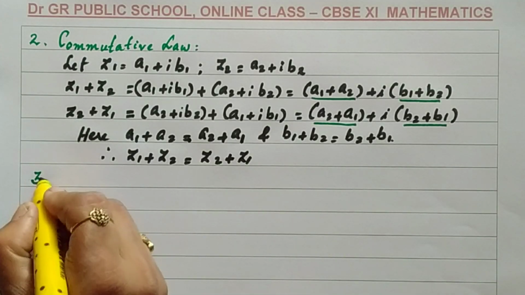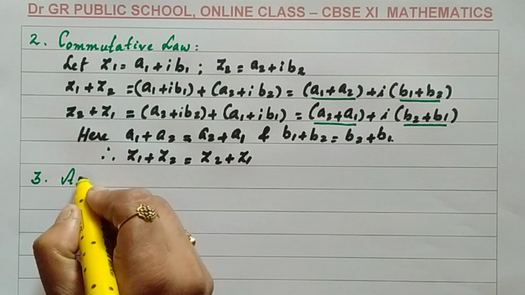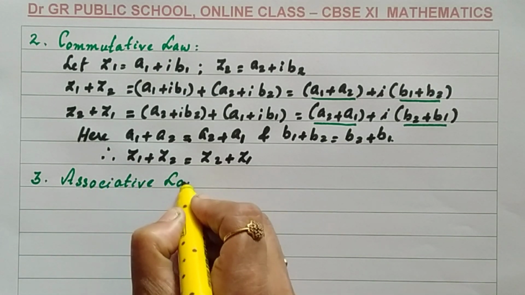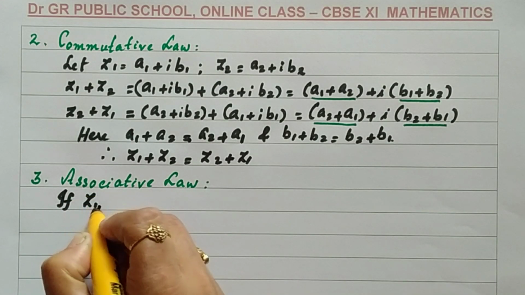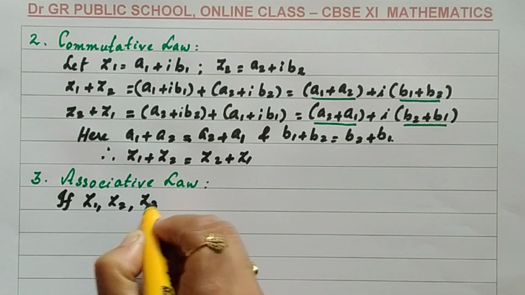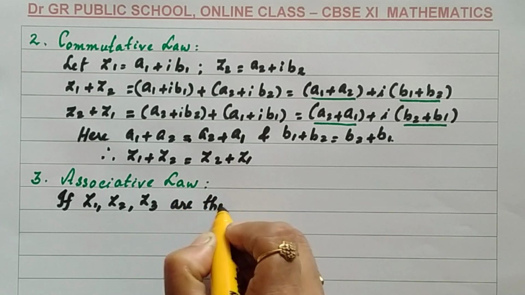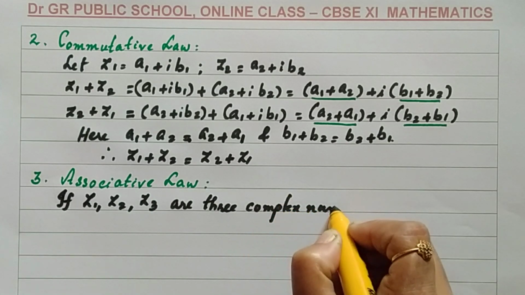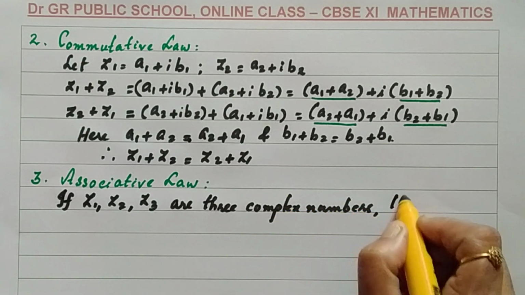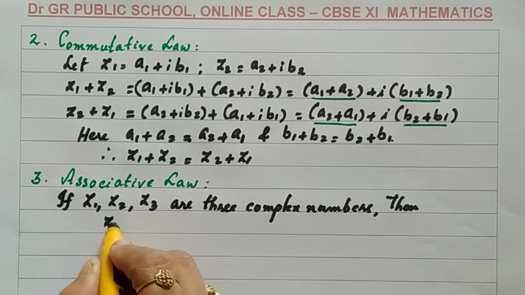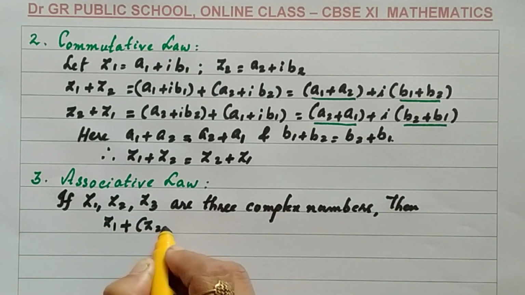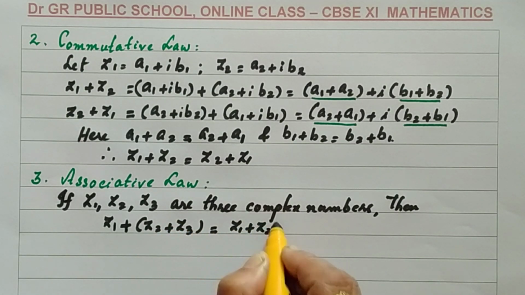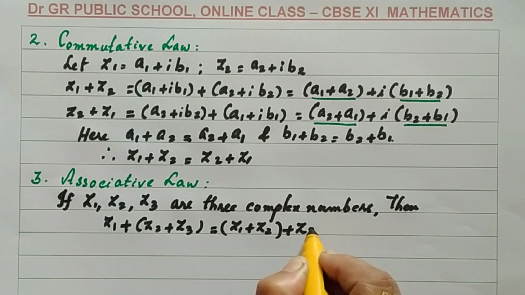What is the third law in the case of real numbers? The associative law. The same here also, the associative law. If Z1, Z2, Z3 are three complex numbers, then Z1 plus Z2 plus Z3 in one bracket is the same as Z1 plus Z2 in one bracket plus Z3.